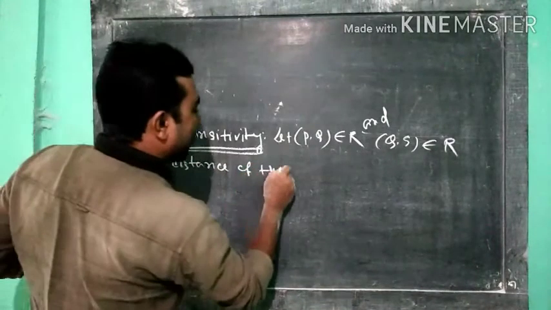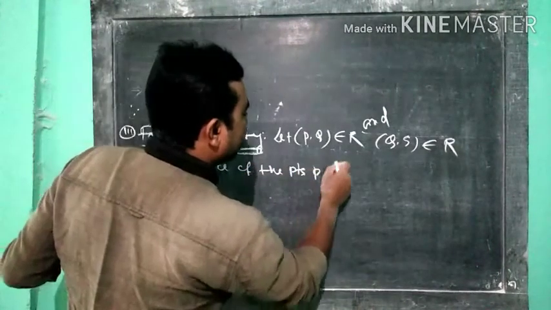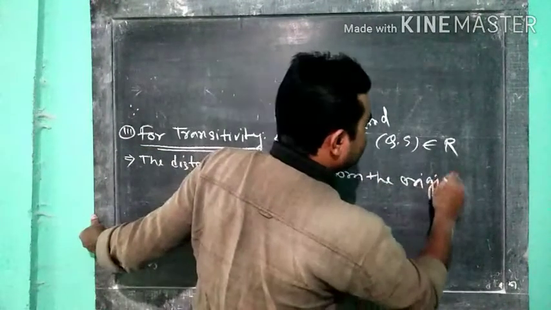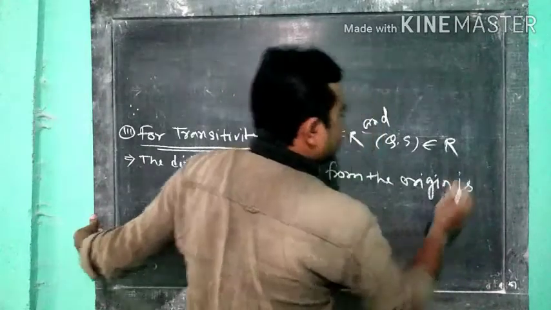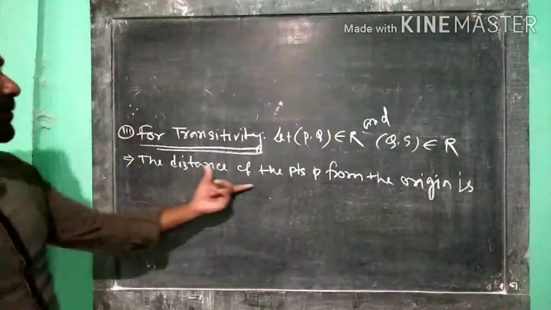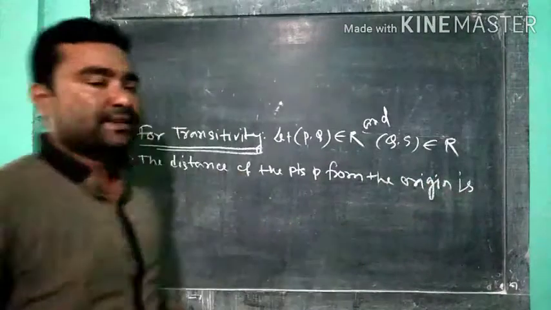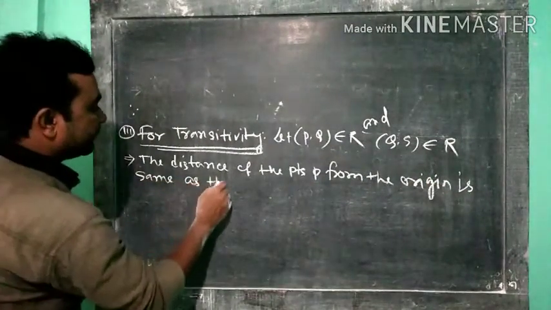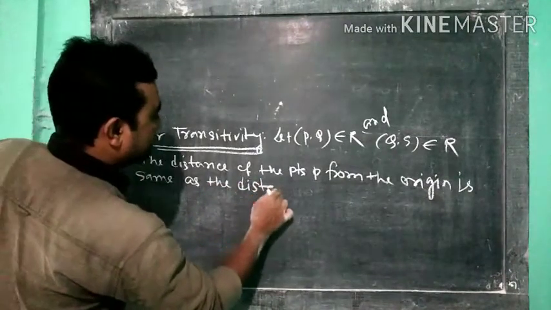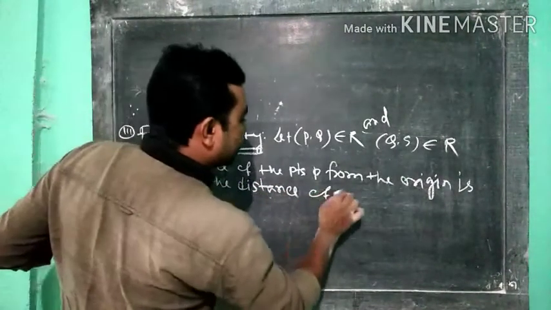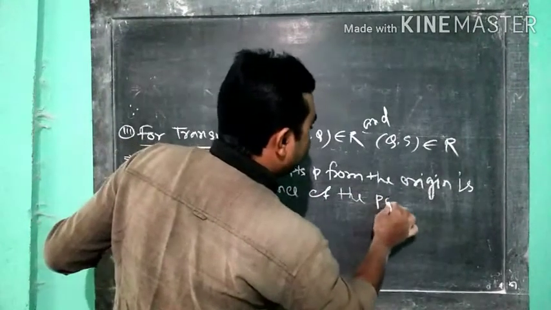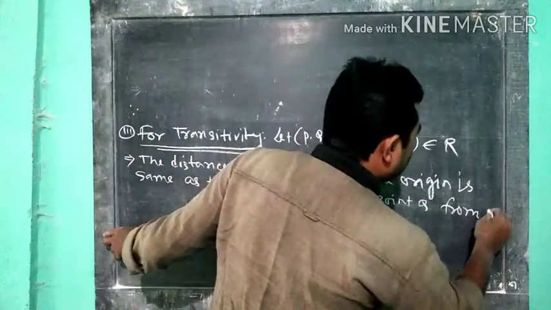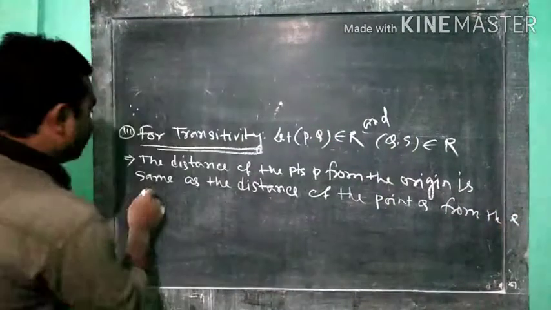of the point P from the origin is the same as the distance of the point Q from the origin.